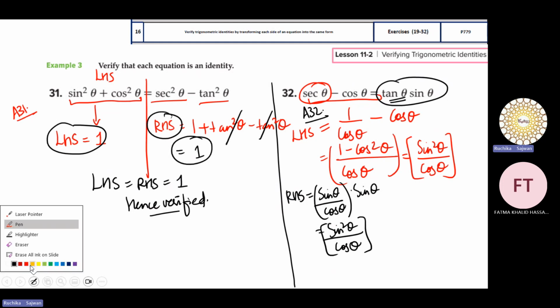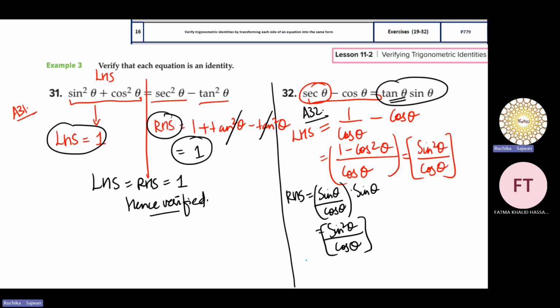So when left and right side come out to be equal, we have completed the question and we have verified the trigonometric identity. So with that, all questions from 19 to 32 from learning objective number 16, verify trigonometric identities by transforming each side of the equation into the same form, have been completed.